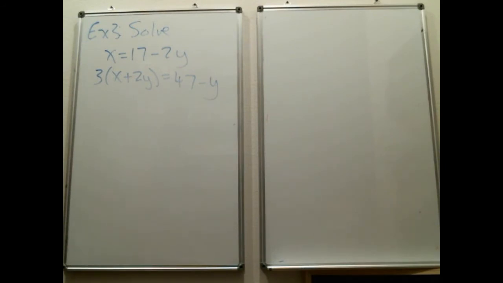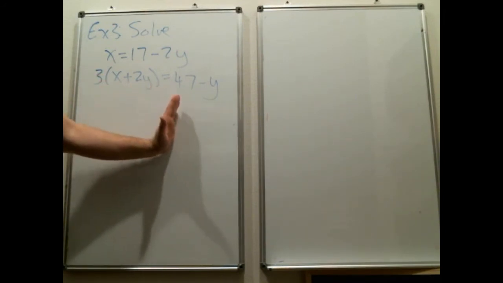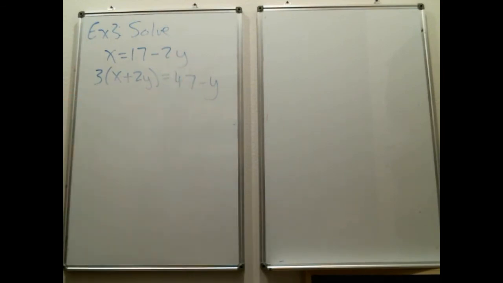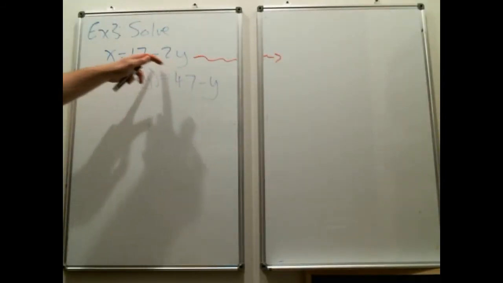And I kind of told you already that we need to make sure that all the x's are lined up, all the y's, and all the equal signs, and there's nothing else on the other side of the equal sign except the answer. So we need to rewrite this so that it makes more sense when we put it in matrix form. So this top equation, we can just add 2y to both sides, and that fixes that one. That one's pretty easy.